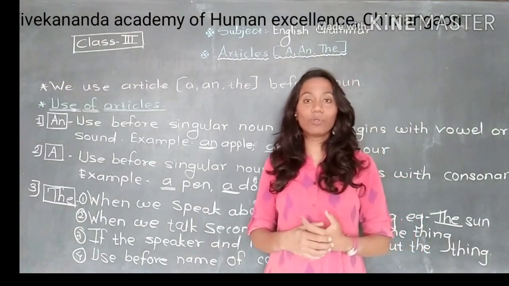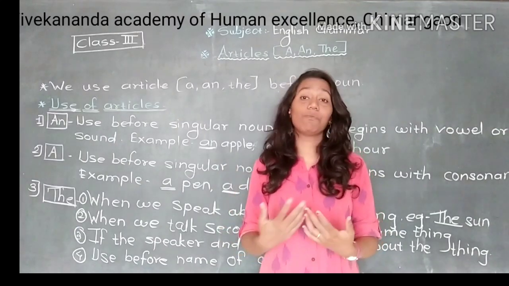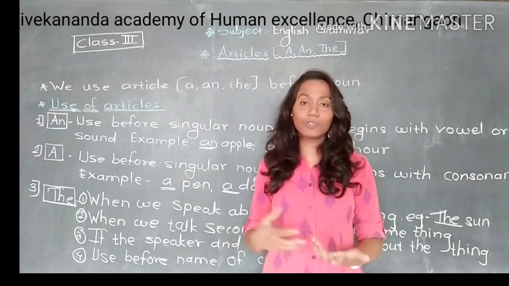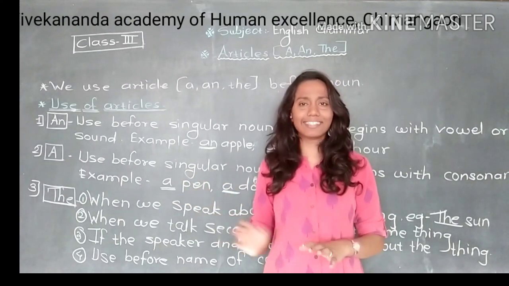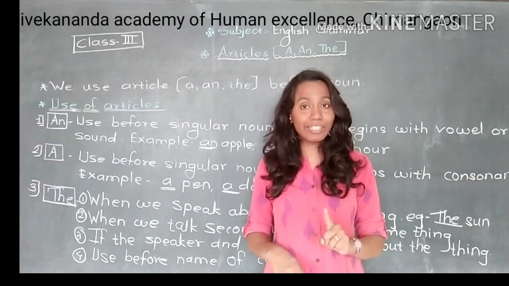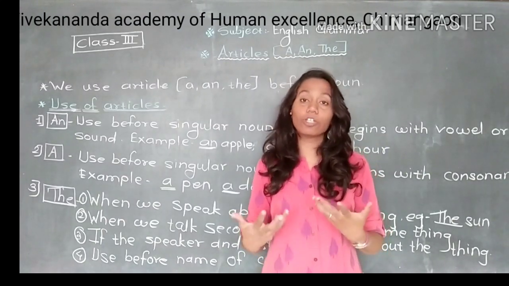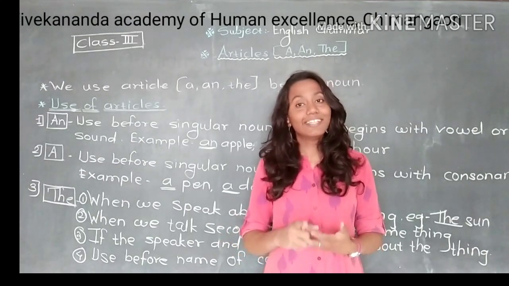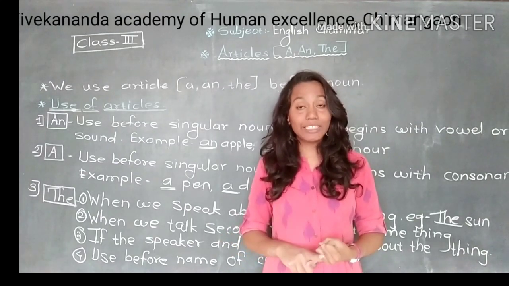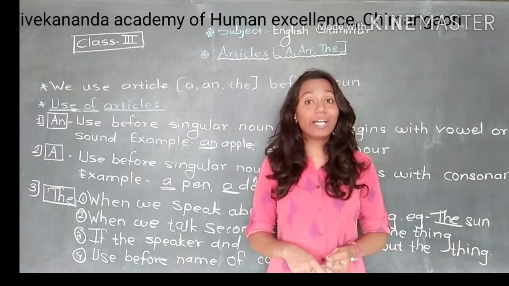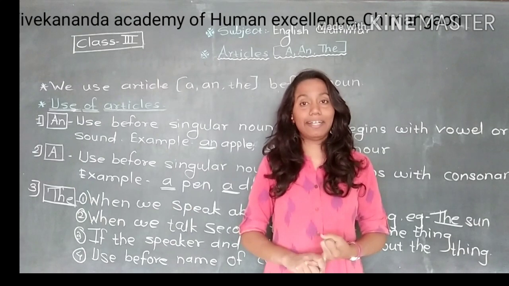As, if I want to tell you that the sun rises in the east, is it correct to say just "sun rises in the east"? No. Sun is a specific thing. Sun is just only one. This is not a common thing which we can see everywhere. This is one particular specific thing, and this is the most important rule while using the article in a sentence.